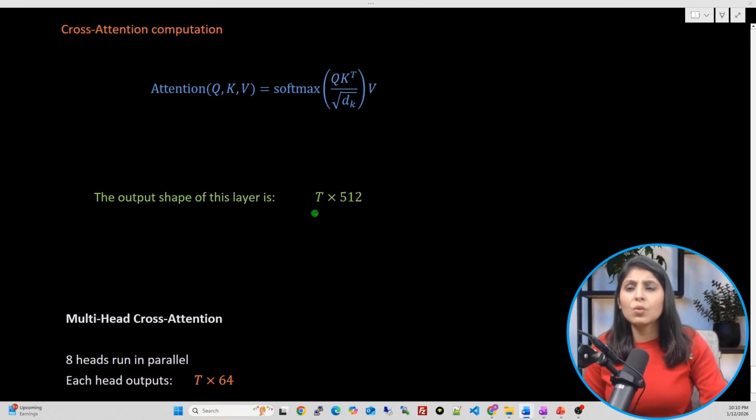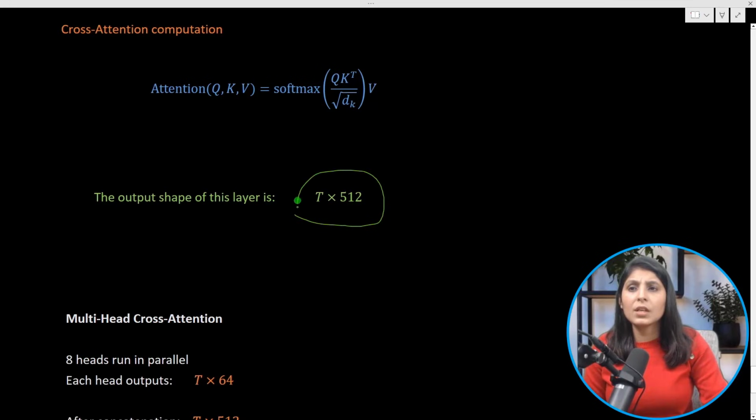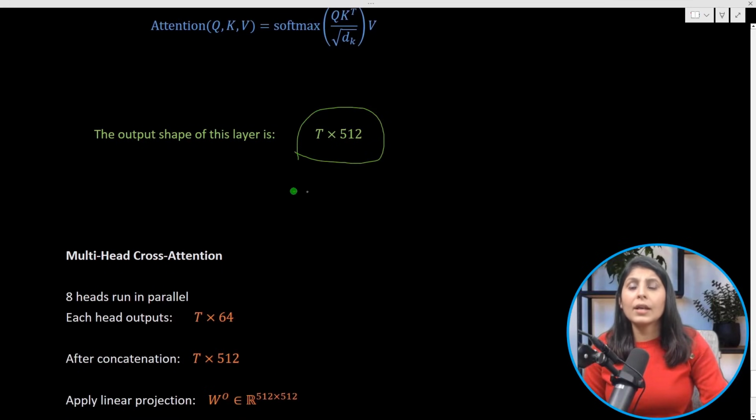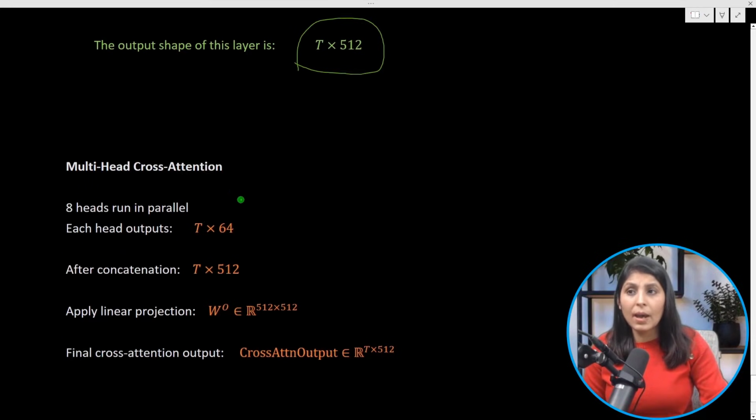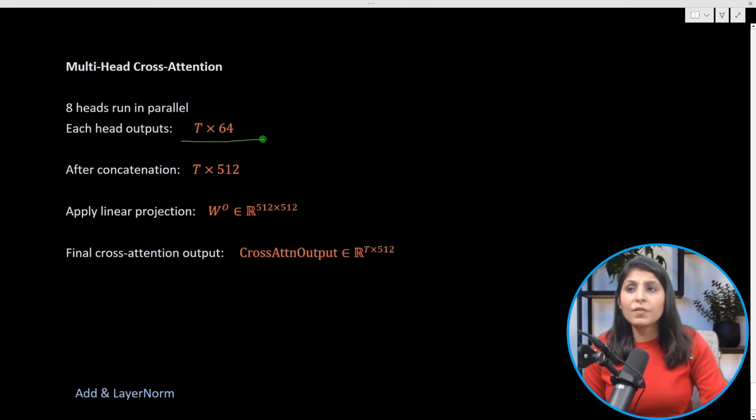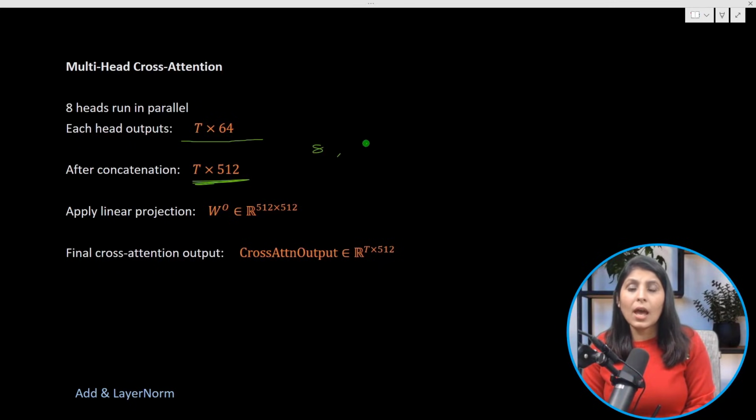After that, you will get the output of shape t into 512. And guys, as I've told you, we have 8 heads running parallelly. So the output of each head will be this, and after concatenation, we will get this. Why are we getting this? Because we have 8 heads and the output of each head is 8 into 64.